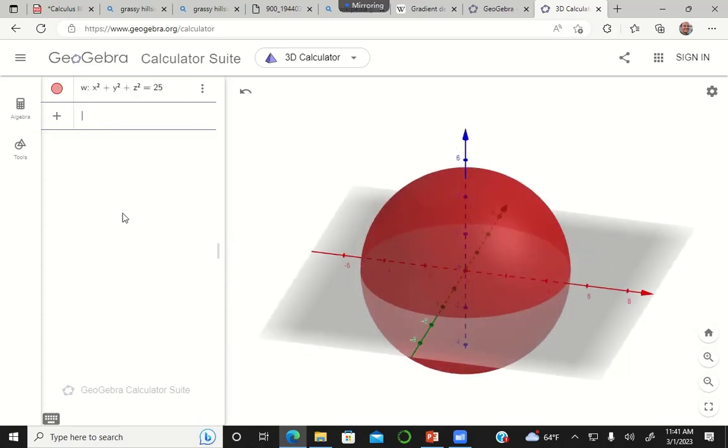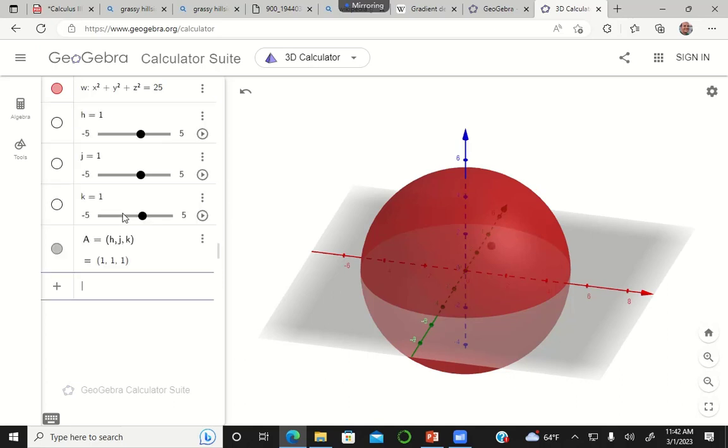I don't know how to put in a vector on GeoGebra, but I can put in a line defined parametrically. Can I do a point in space and then drag it?